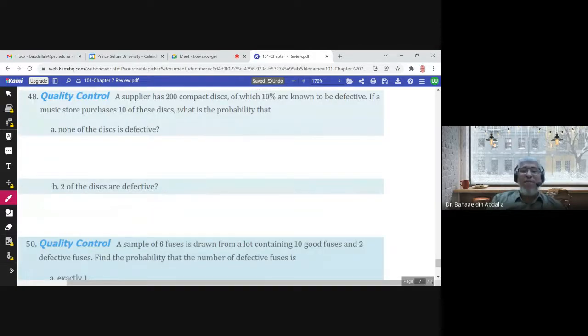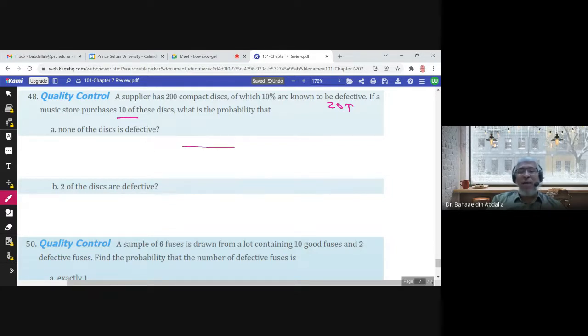A supplier has 200 compact discs, of which 10% are known to be defective. 10% out of 200, if you multiply 10% times 200, then 20 are defective. If a music store purchased 10 of these discs, what is the probability that none is defective?